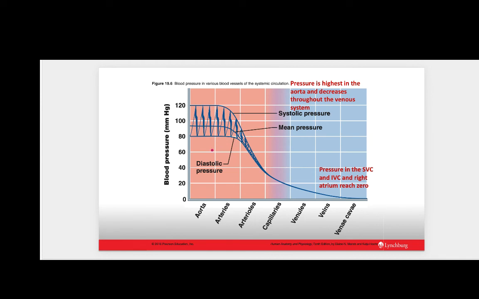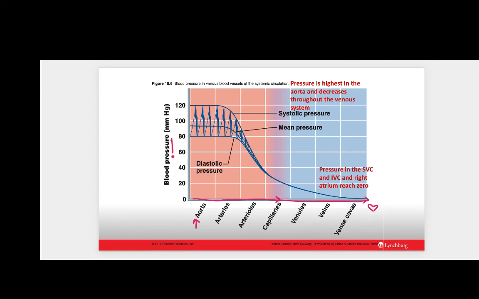So here's a graph on pressure changes that we see throughout the cardiovascular system. If you look, we're starting in the aorta, the largest artery in the body. We're going to travel along the cardiovascular system, go down to capillaries, and then come back up the venous side of things, and then back to the heart. So what happens here?